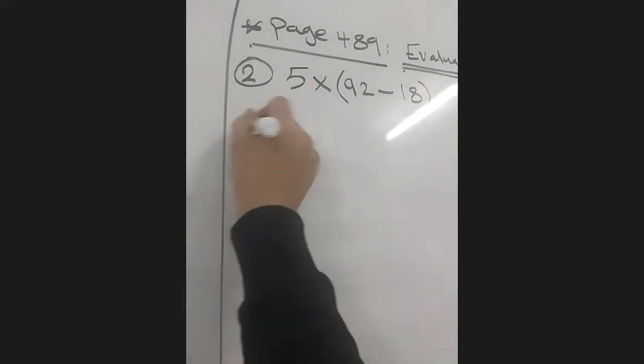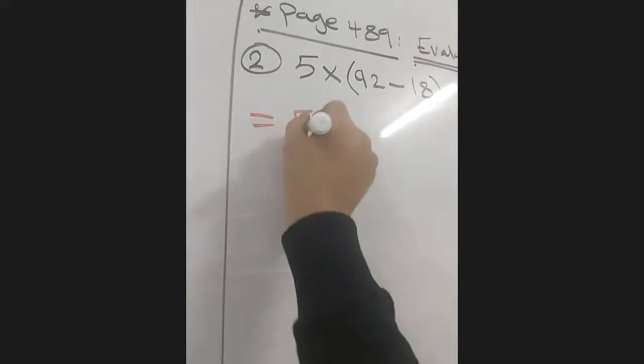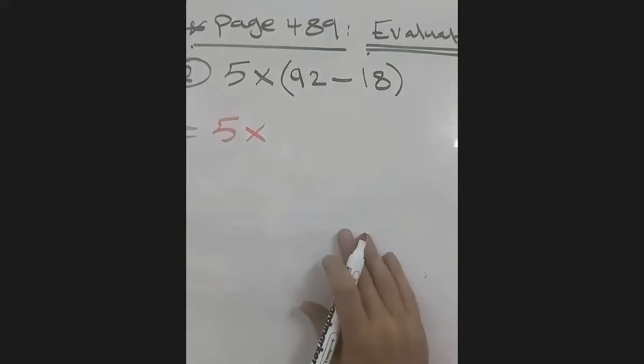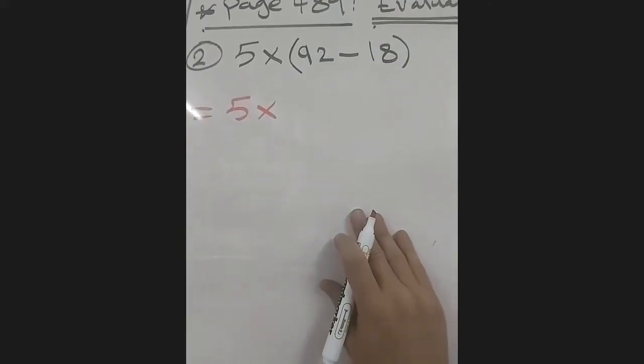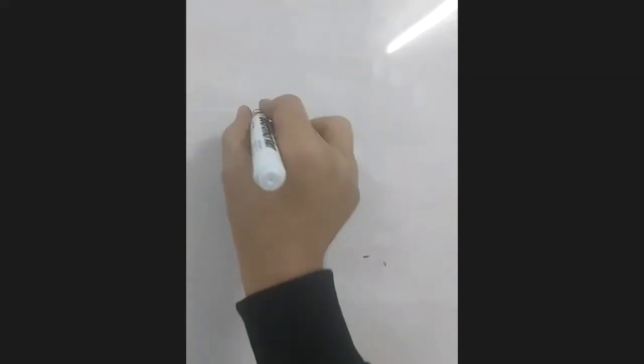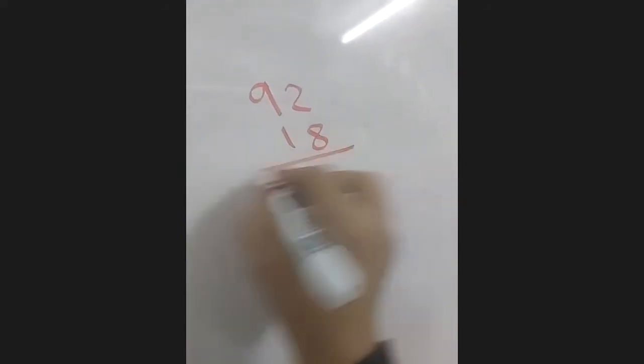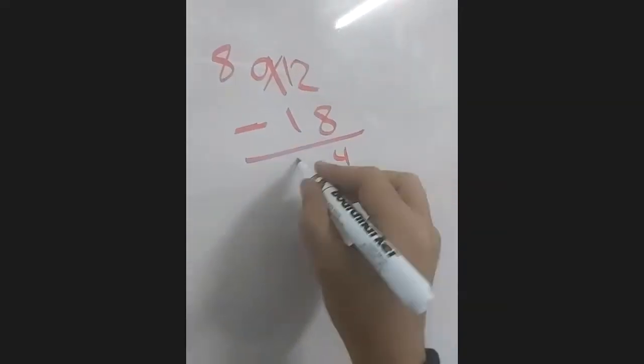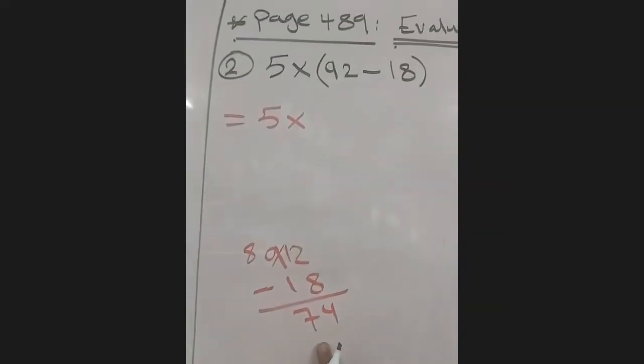Yalla, this is equal. 5 multiply comes down the same. Now 92 minus 18, how much? Let's do it. 2 minus 8, it cannot. This will be 8, this is 12, this is 4, this is 7. 74. Do you understand?